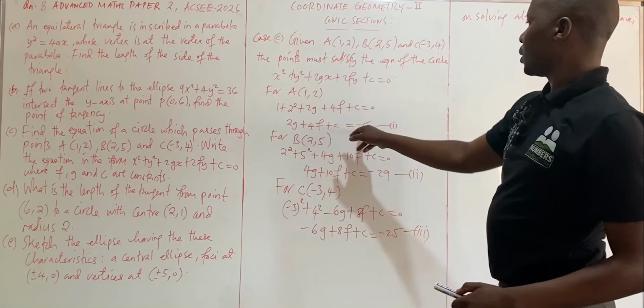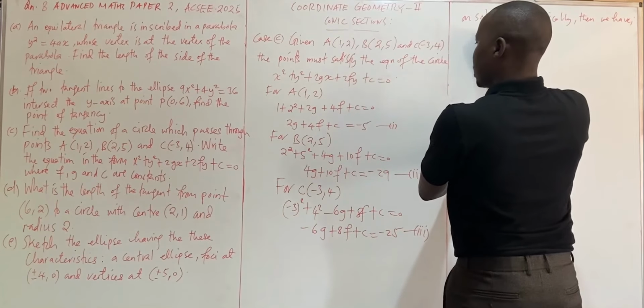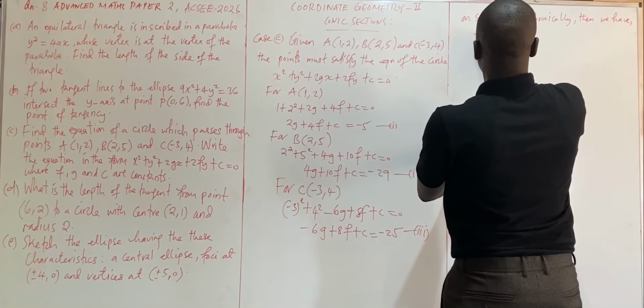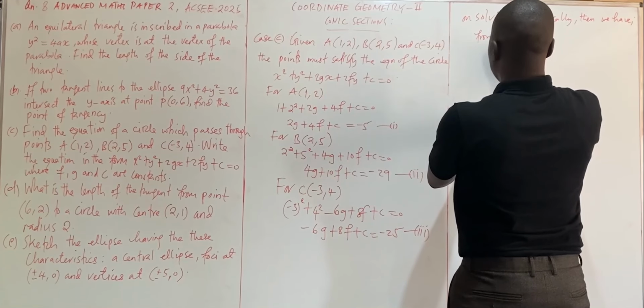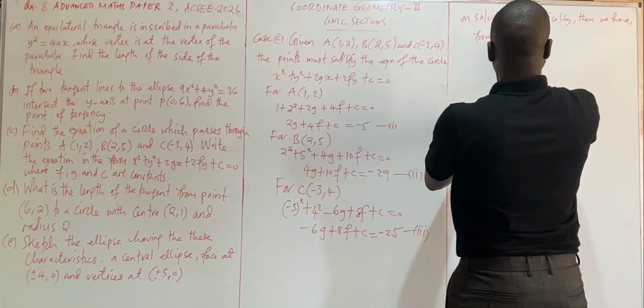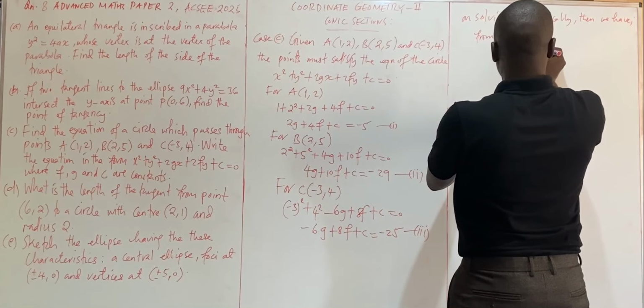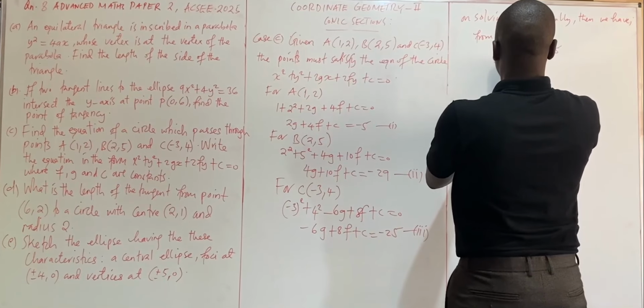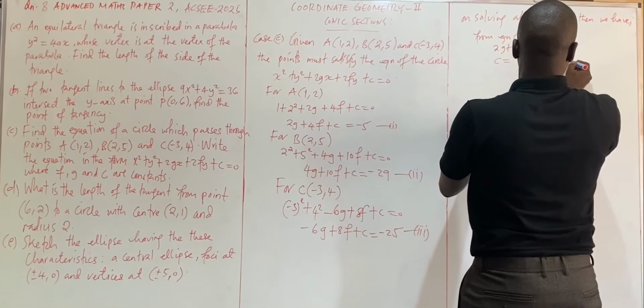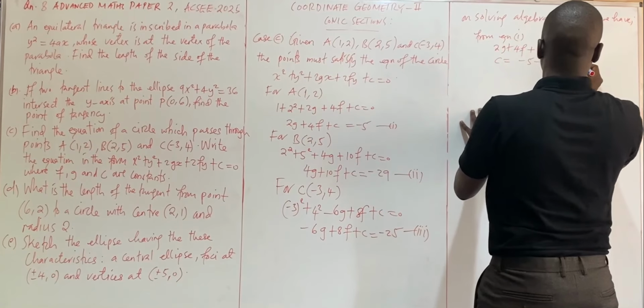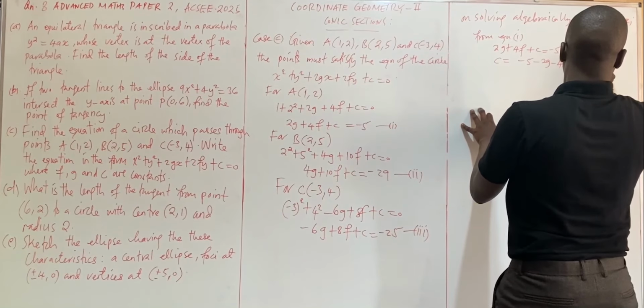So from equation 1, which states 2g plus 4f plus c equals -5, the value of c will be -5 minus 2g minus 4f. So this we can term as equation 4.